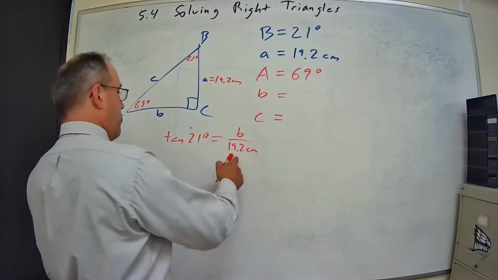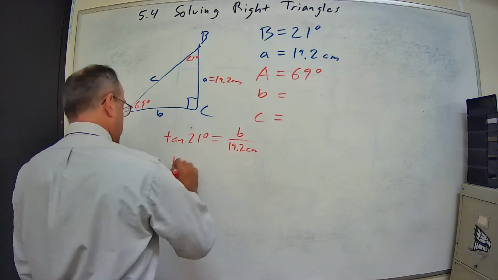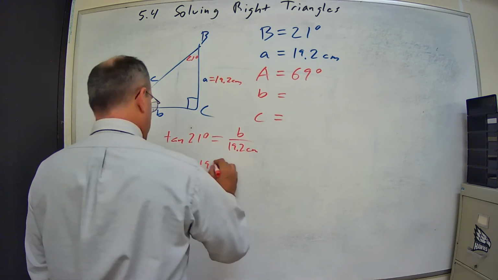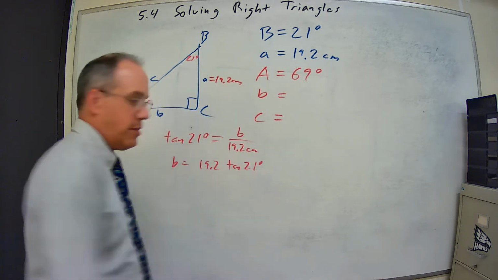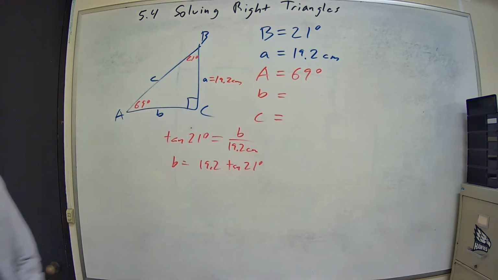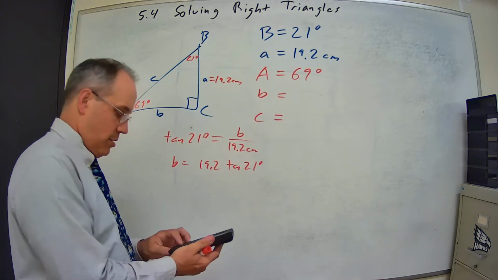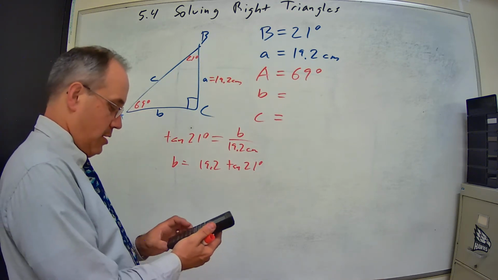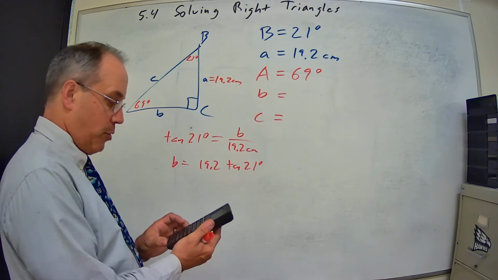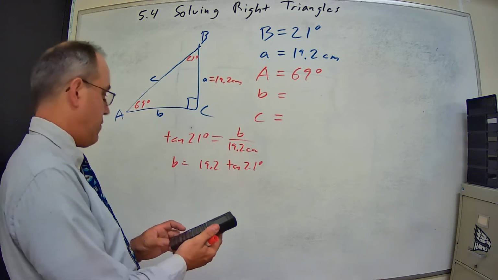So solving for B is equal to 19.2 times tangent of 21 degrees. Let me plug that into my calculator. 19.2. Tangent of 21 degrees is approximately 0.383864.